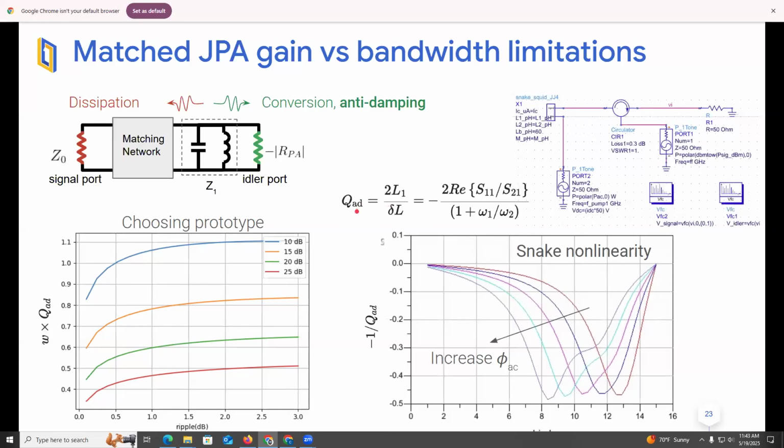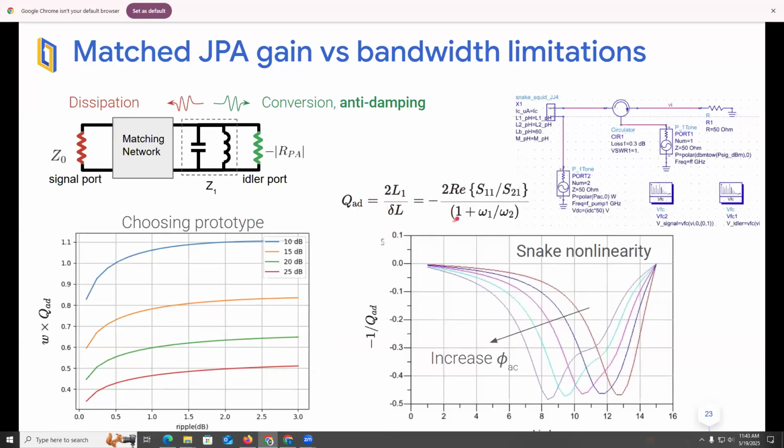You can also express the anti-damping as a ratio of the linear inductance in the circuit to the magnitude of the modulation. So if you modulate the inductance with a higher amplitude, you're going to get lower Q, which means you can match it with a wider bandwidth for a particular gain.